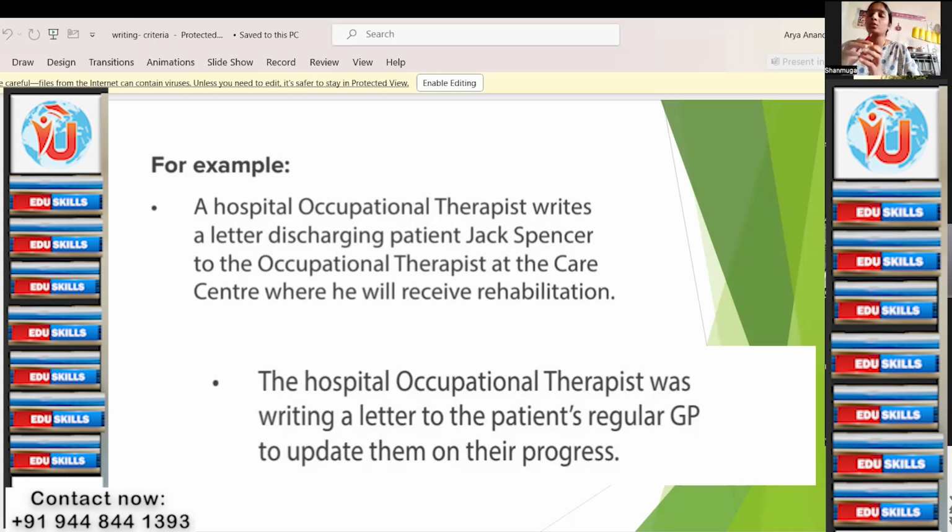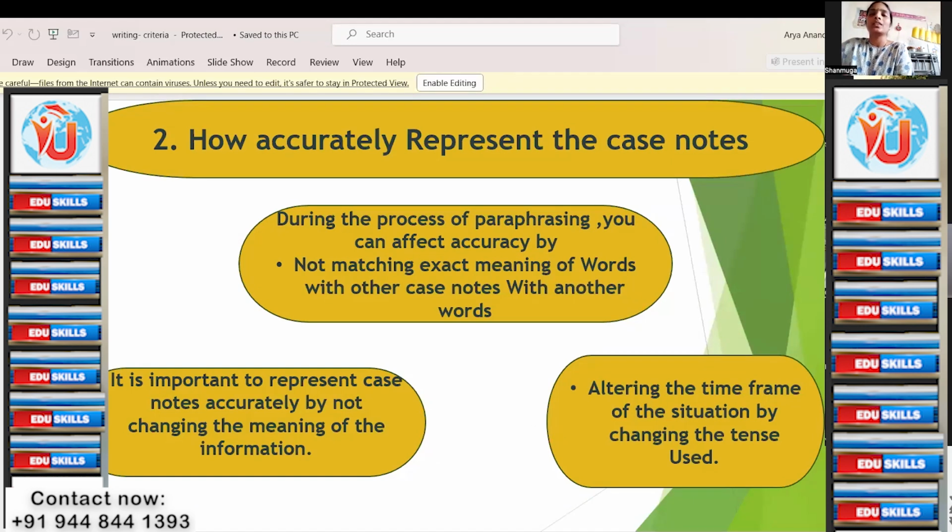We have to include everything to the GP. In a known case we will not usually add social history, but in an unknown case also it doesn't need to be added, because it will not affect the care that the patient is going to receive. If you are not adding the social history, it will be good.